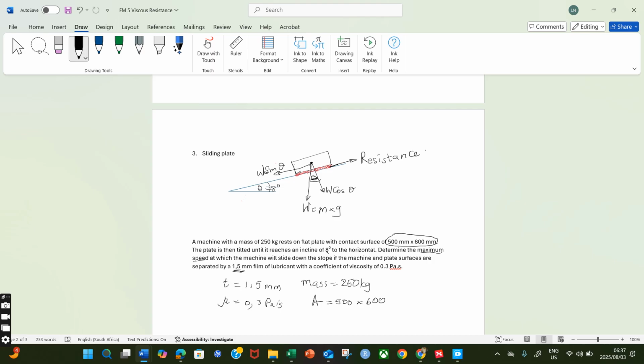In meters, our area will be 0.5 times 0.6. It gives 0.3 square meters. All right.